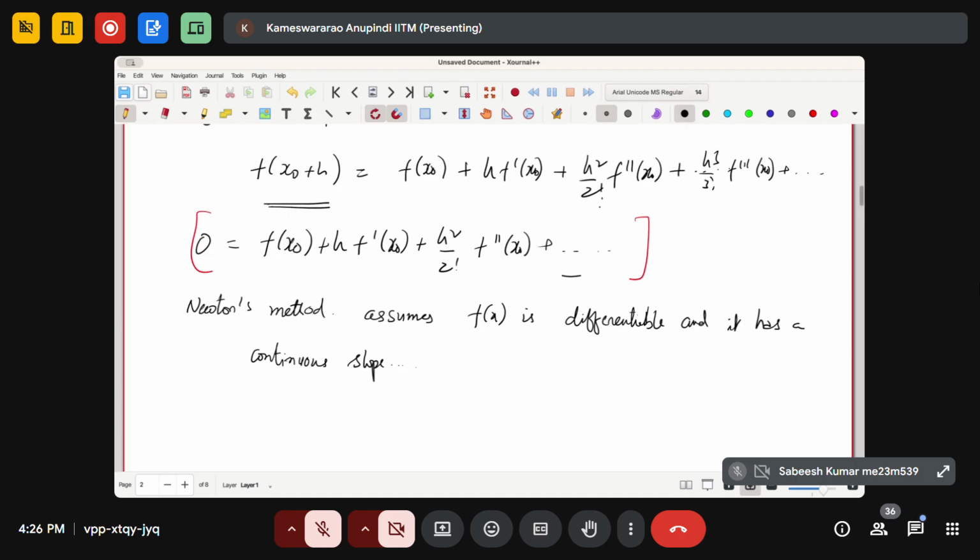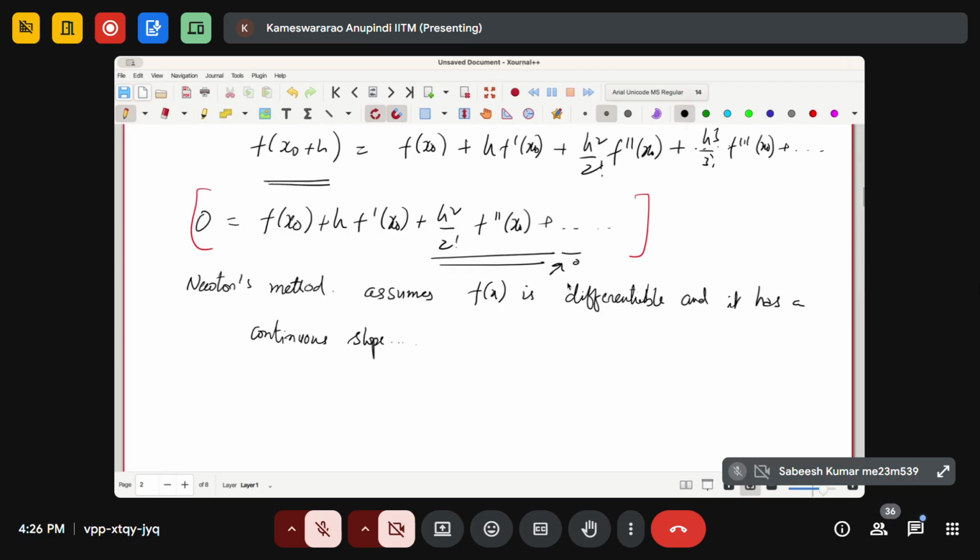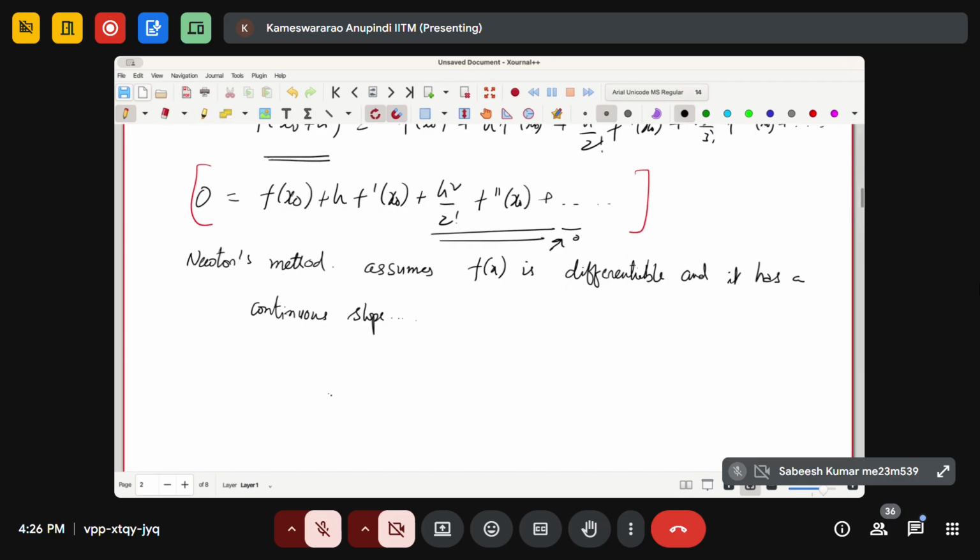As a result, I make an assumption that I'm going to consider only the first two terms of the Taylor series expansion. I say that the remaining terms are small quantities. So my h equals minus f of x0 divided by f prime x0, right? If I set these two terms equal to 0, I'm going to get an expression for h as minus f of x0 divided by f prime x0, okay?